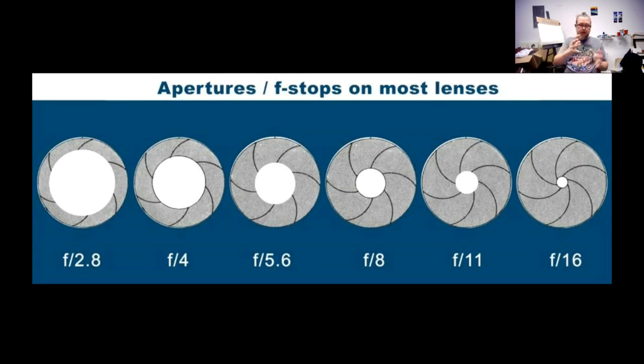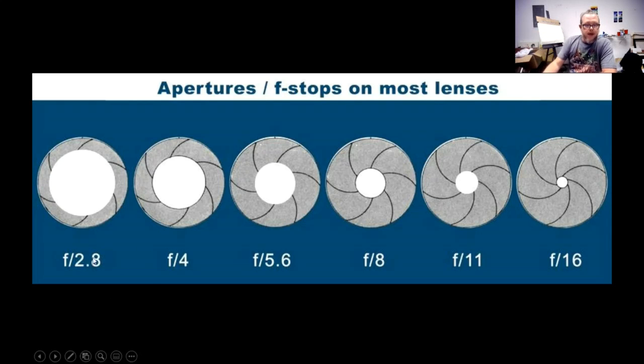But just know that the aperture, like we see here, is generally controlled by several fan blade kind of things that sort of twist and open up or close down that aperture. And if we open it up, we refer to that as stopping up. If we are closing that aperture down, we refer to it as stopping down.